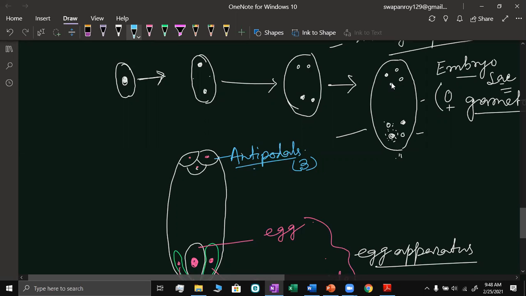Now what happened? One nucleus left here and one here. These nuclei come from the poles, so they are called polar nuclei, and they will move to the center.